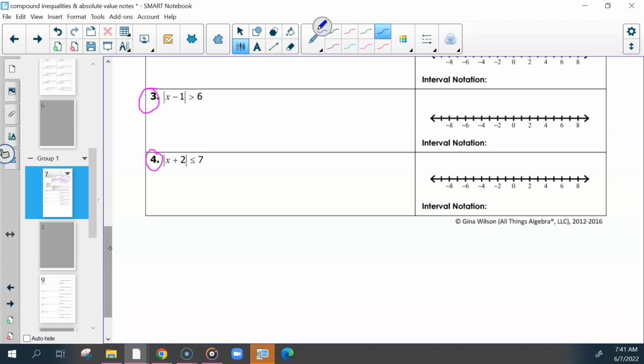So if your absolute value sign is already isolated, then we can go ahead and set this equal to this one and the negative version. This is going to be a greater than, so this is going to be an or.